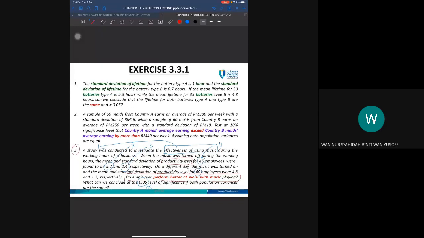So we need to answer this, do the employees perform better? And then we check the story here, whether there is any special condition related to perform better. For example, employees perform better if we have smaller variance.